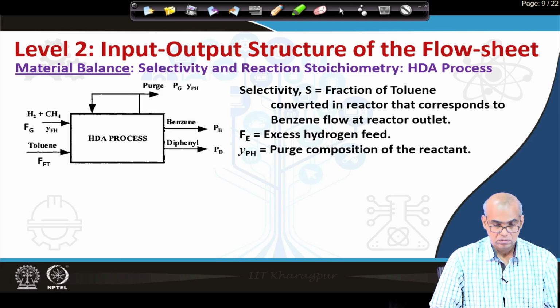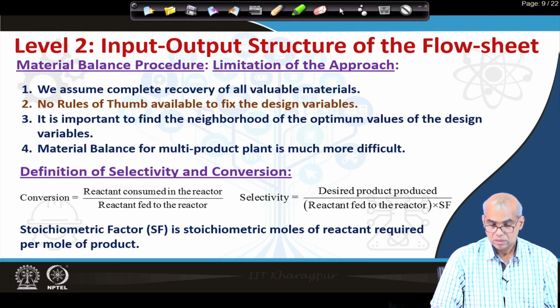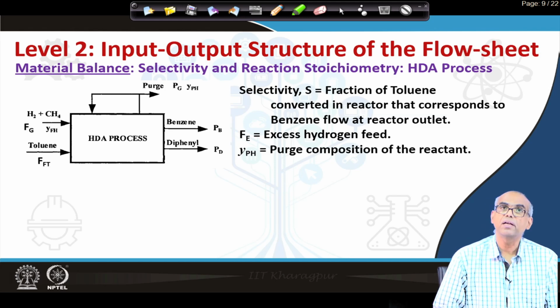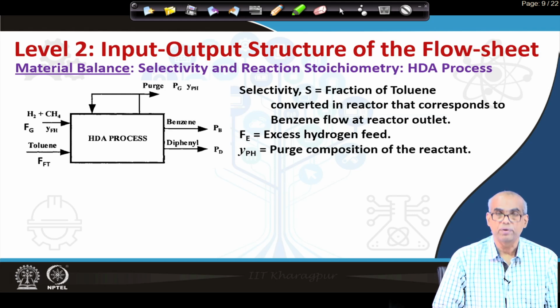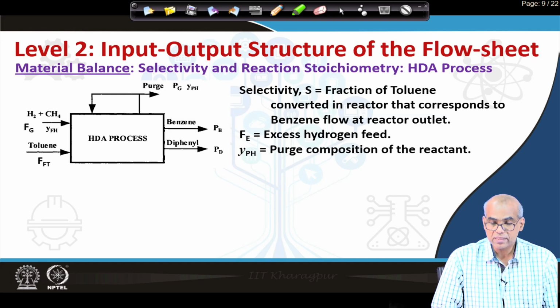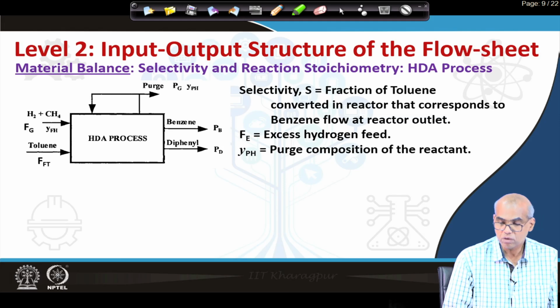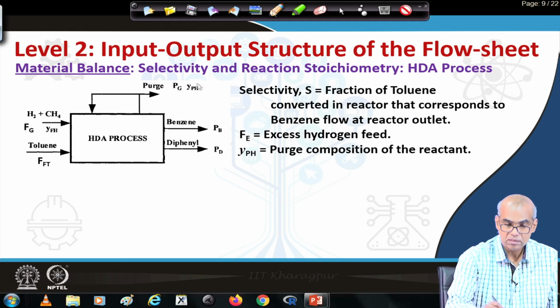So, according to this selectivity definition, it will be the amount of benzene divided by toluene. Fe is the excess hydrogen fed and YPH is the purge composition of the reactant.